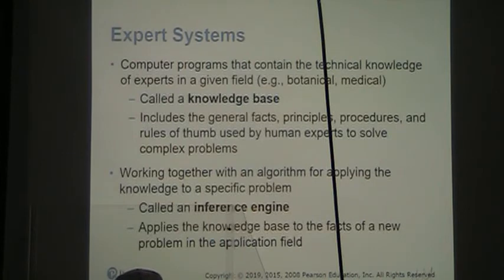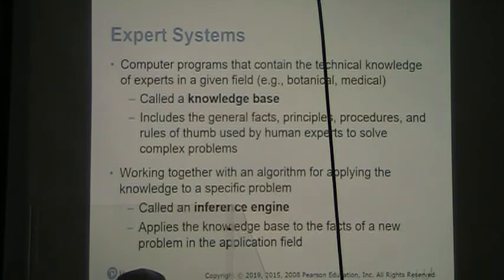All of this is going to work together in an algorithm for applying the knowledge to problems, right? So if we were to look at a diagram of it, I ask a question: hey, I'm having trouble with my printer. Then the computer is going to give me options. Is it a new printer I just installed, or has it been working with the computer?